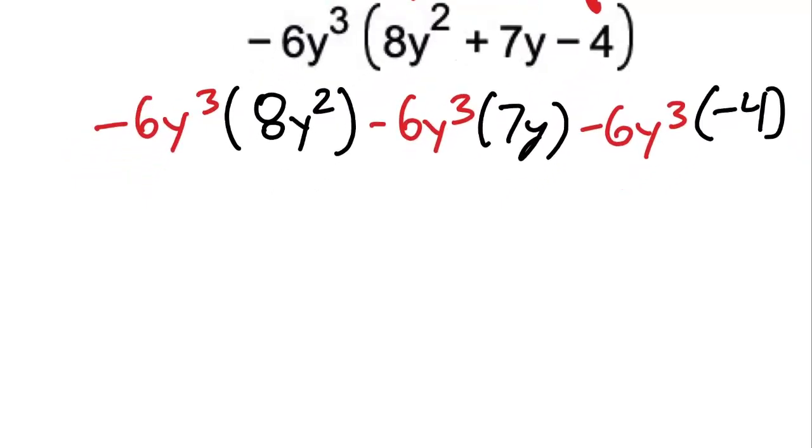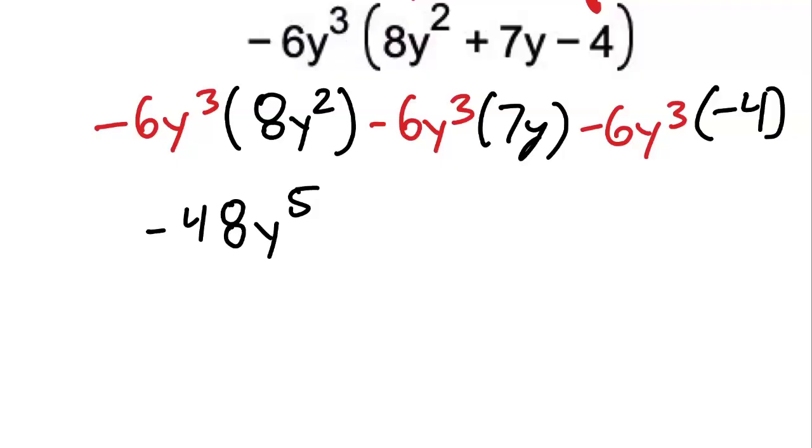Okay, so we're going to multiply. Negative 6 times positive 8 gives us negative 48. Y cubed times y squared is y to the fifth. Remember, when you're multiplying with a common base, you add the exponents.